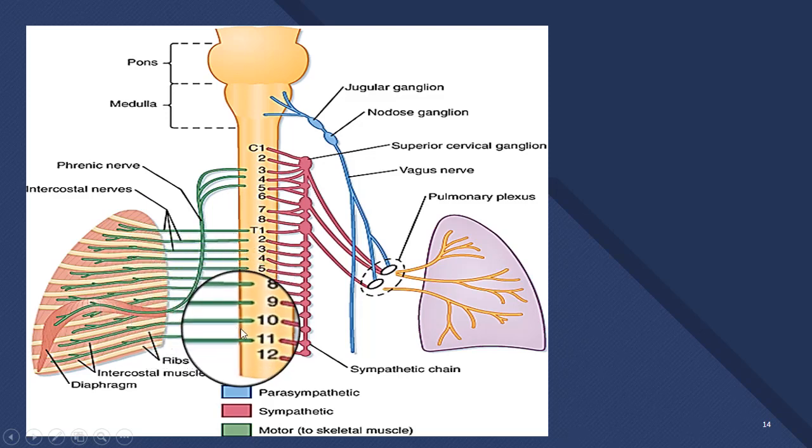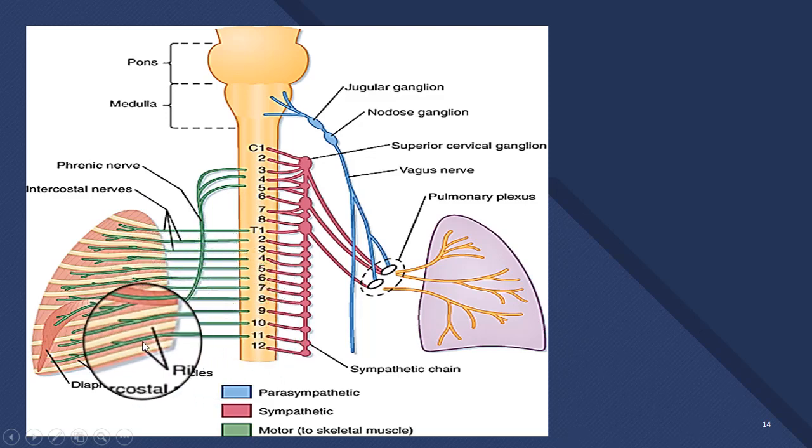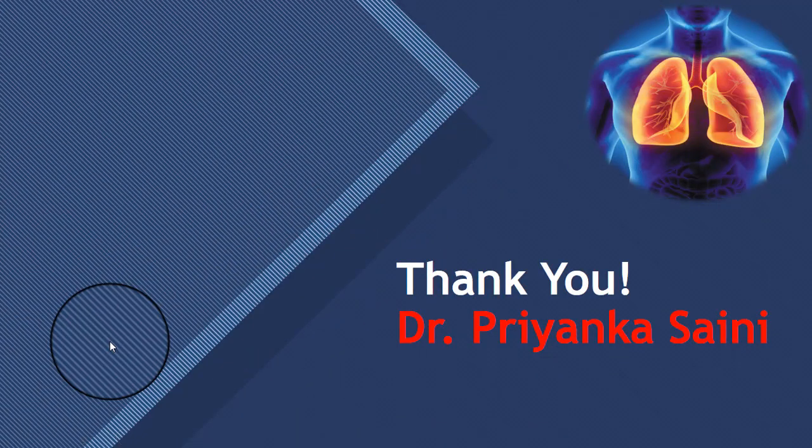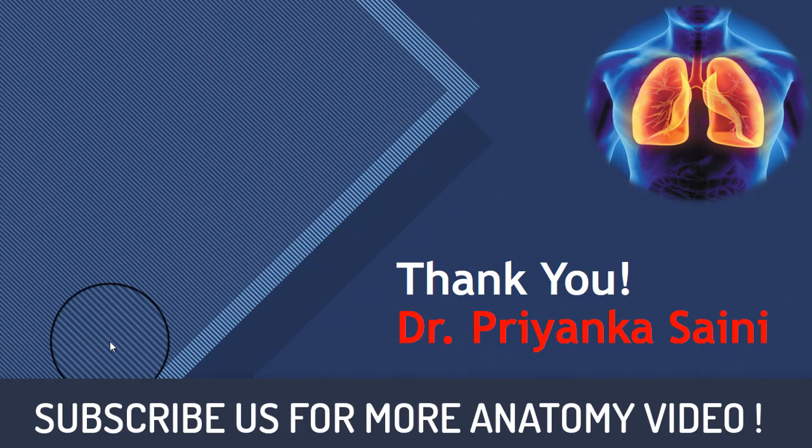So in this video we have discussed the lungs, which are considered respiratory organs, and they are meant for breathing, for the gaseous exchange, for converting deoxygenated blood into oxygenated blood. We have discussed the anatomical position of the lungs.